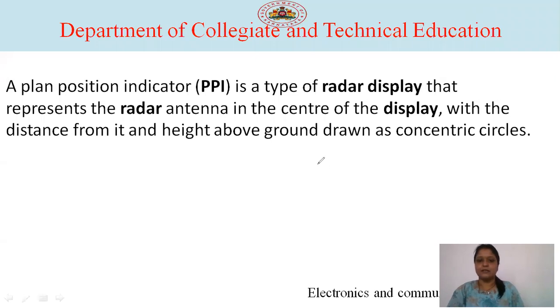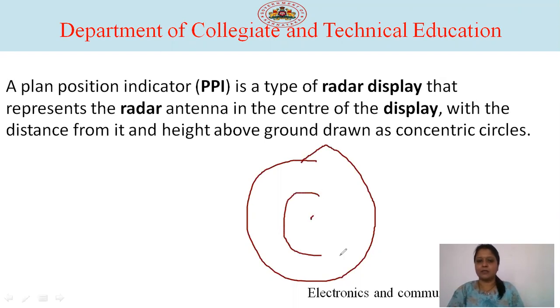Now see here, this is the display, correct? From the center, we will have concentric circles like this. It is a display that represents the radar antenna at the center. Here at the center, the radar antenna is represented, and with the distance from it we have the concentric circles from the center.